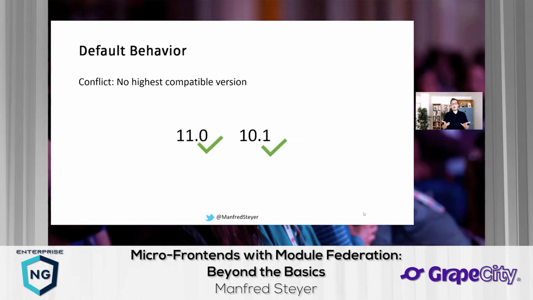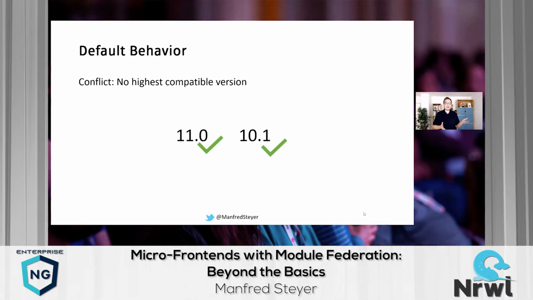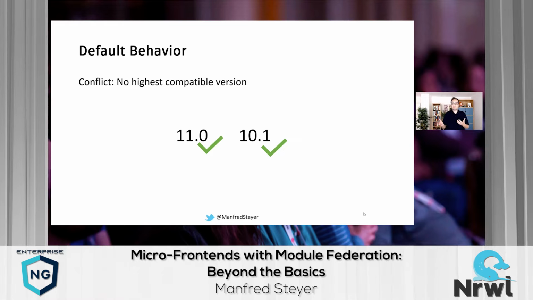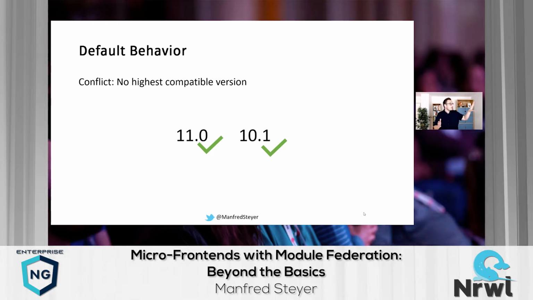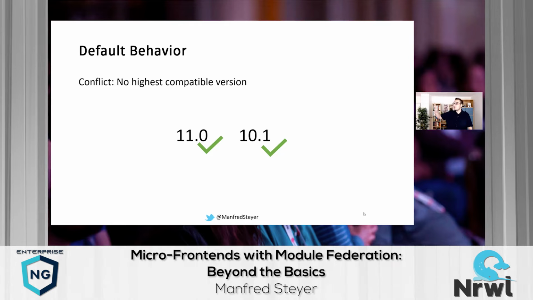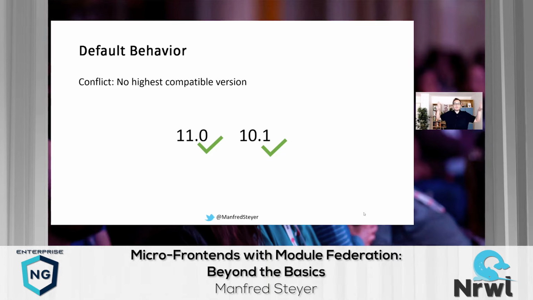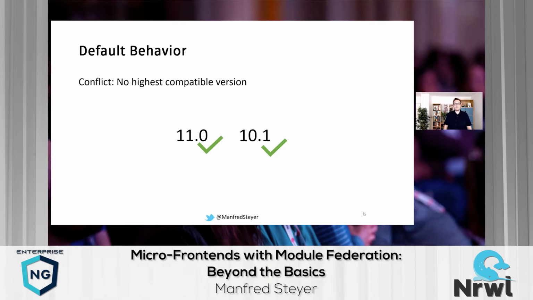Especially if we talk about stateless libraries. Stateless libraries like rxjs or underscore. Because this part of the application is not worried about that part is using a different version of underscore or rxjs. It's totally fine for both parts.